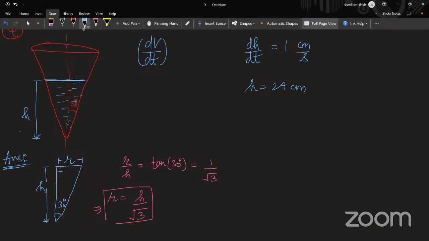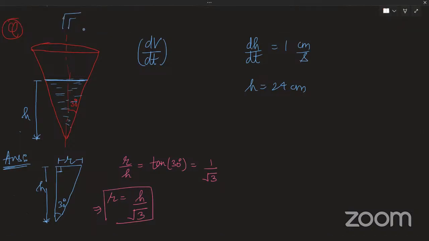So if I just assume that I have reached a water level h, at that water level can I calculate the volume of the water that's been filled till that point? What is the formula?